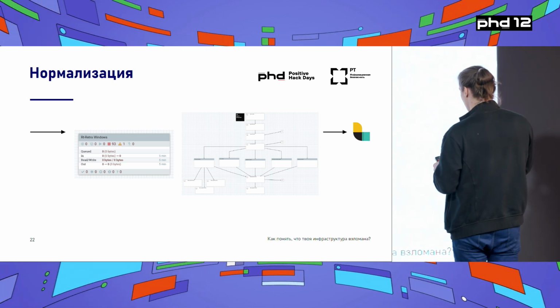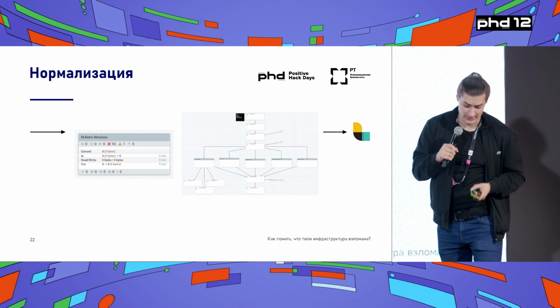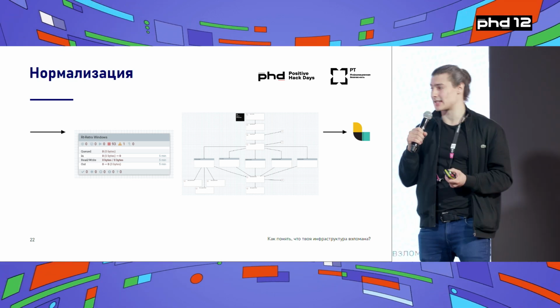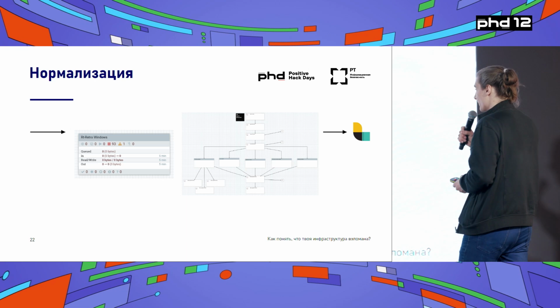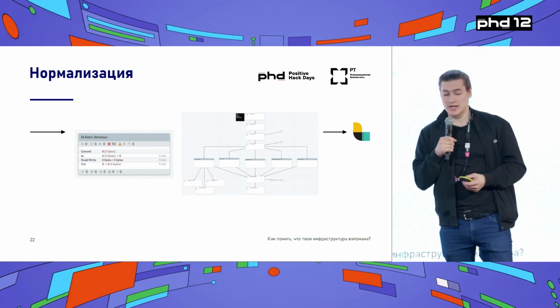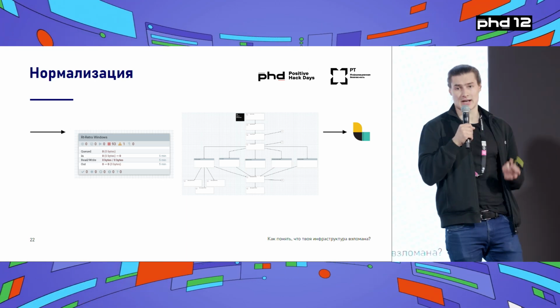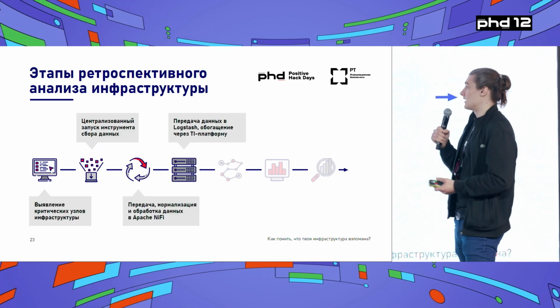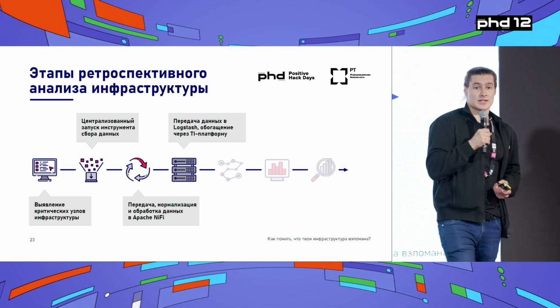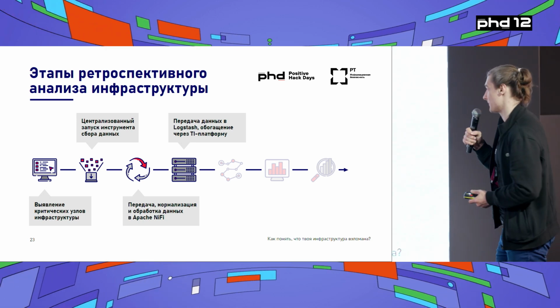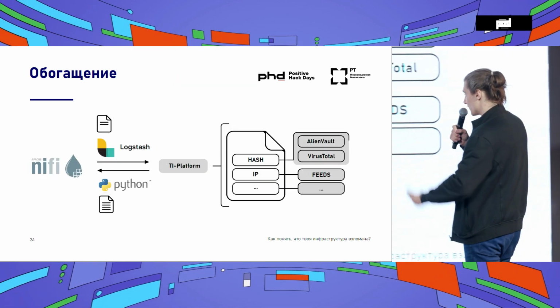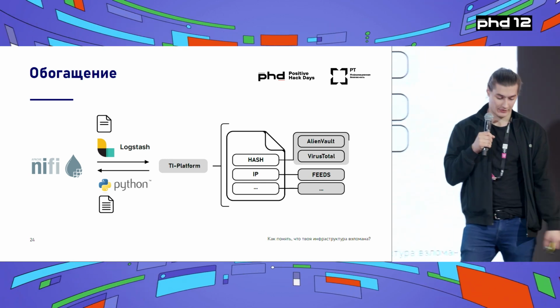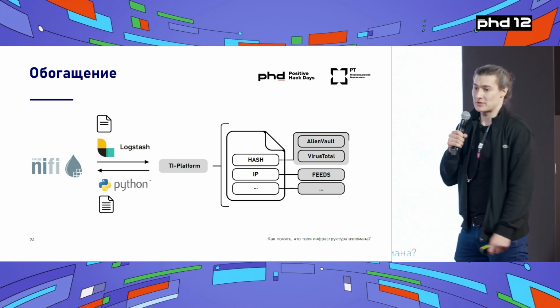It would be quite legitimate to assume that once some malicious activity was detected, it means that some malicious software is being used, and that is contained in the AlienVault or VirusTotal database. So it means that we have to enrich the data. That enrichment already took place, as you see on this slide.